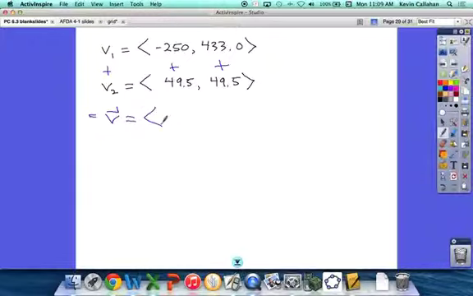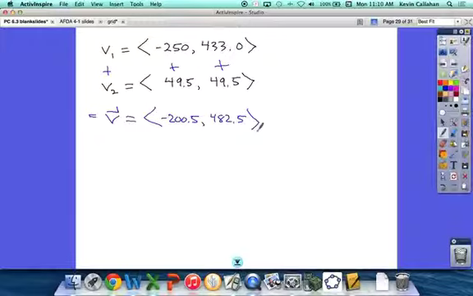Negative 200.5. And 433 plus 49.5. 482.5. So that's the component form of the resulting vector, okay? Not exactly what we were asked for. Now we need to find the magnitude of it and direction.